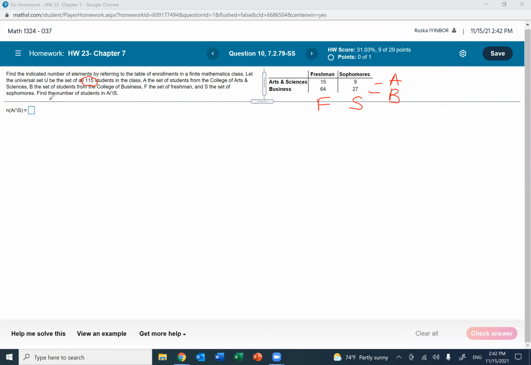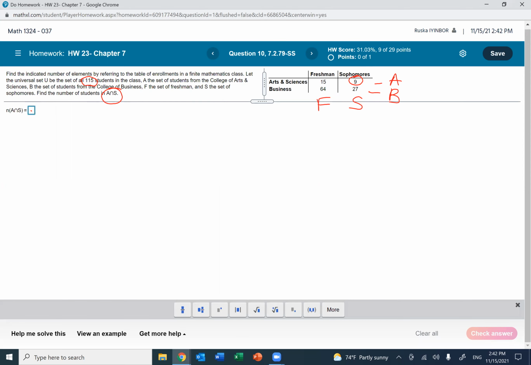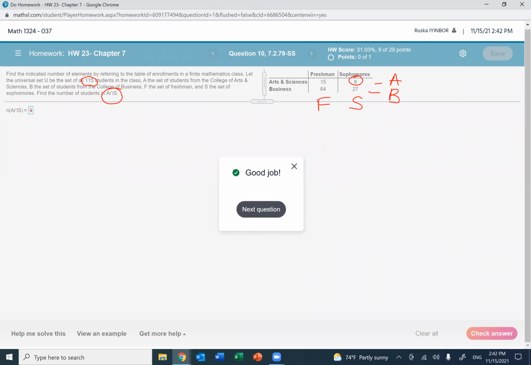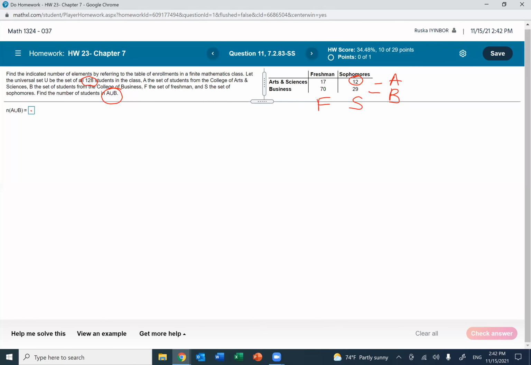S is the set of sophomores. Find the number of students in A intersection S. So that means they're asking how many sophomores are in College A. So this is the intersection between A and S. Okay, so the number is going to be 9. And that was right.